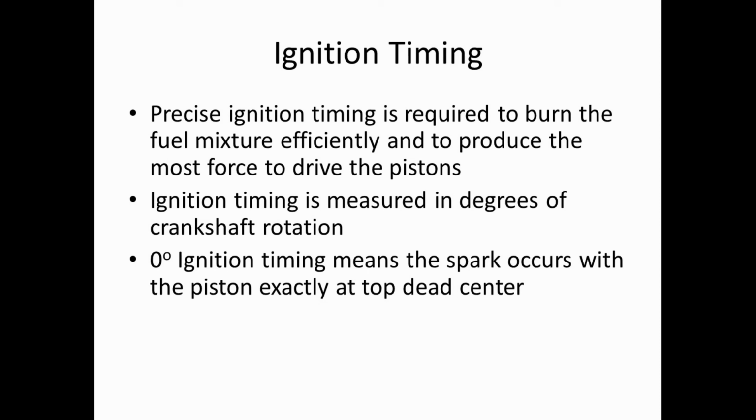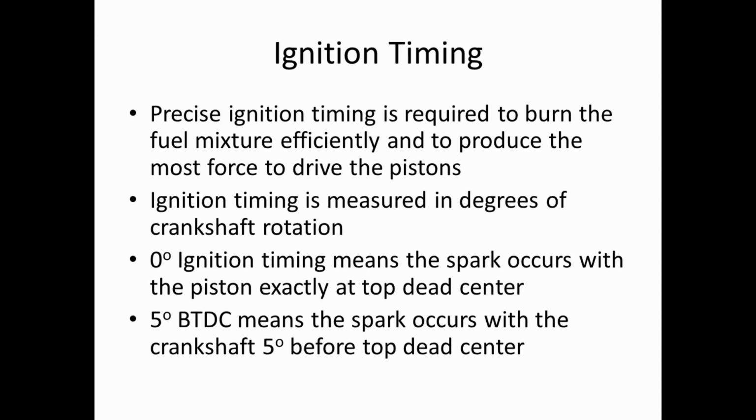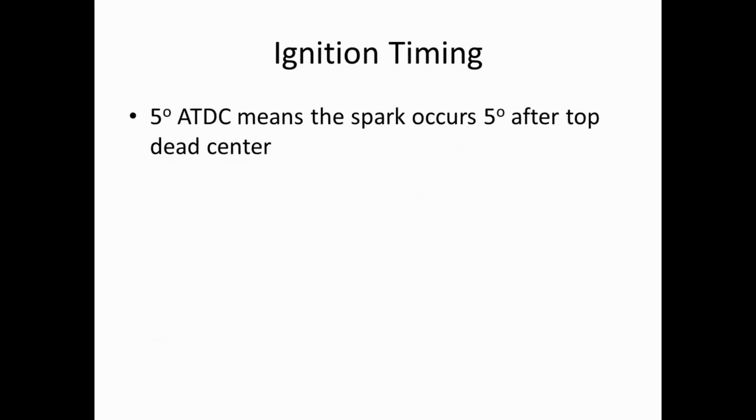The piston does not move any higher from that point. 5 degrees BTDC means before top dead center, and that means the spark occurs with the crankshaft 5 degrees before top dead center. 5 degrees after top dead center means the spark occurs 5 degrees after top dead center. The piston has already passed its highest point and started on its way down, and the ignition fires. Versus before top dead center, where the ignition fires slightly before the piston reaches the top of its travel.